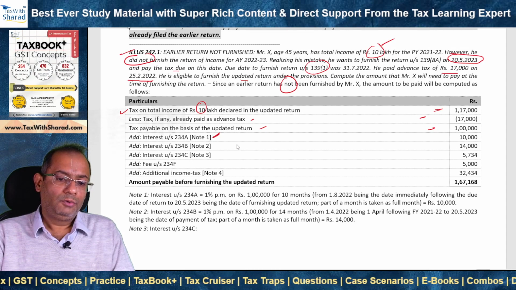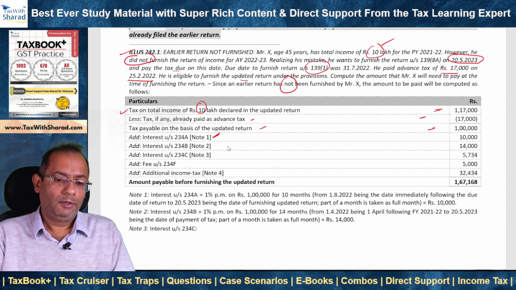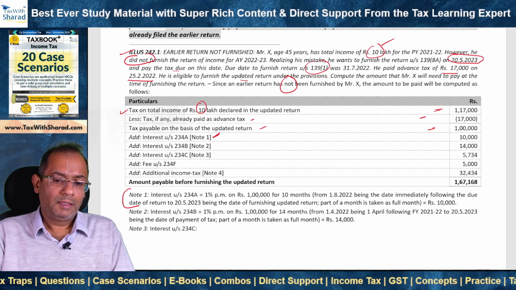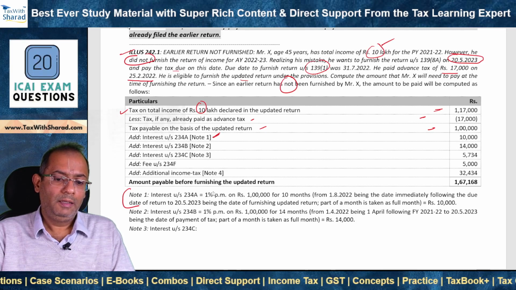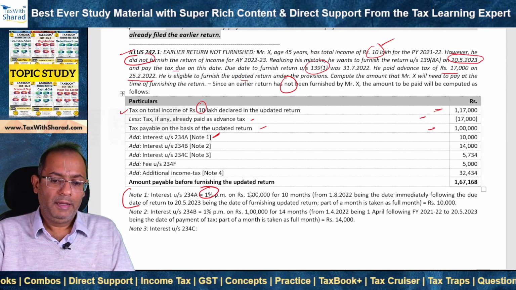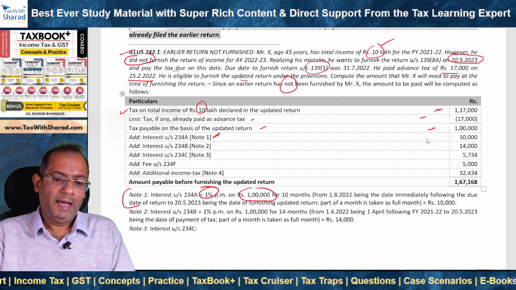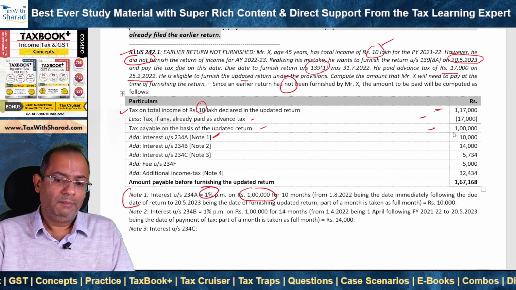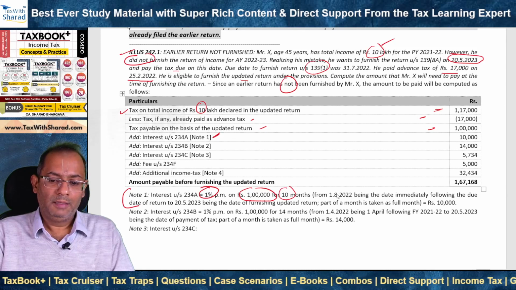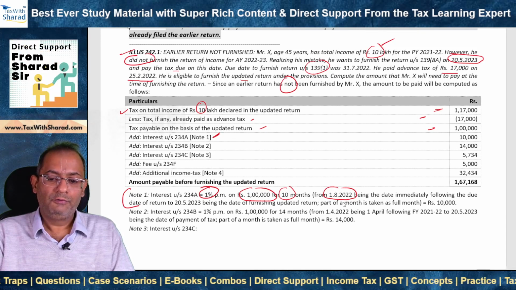Interest under section 234A for default in furnishing the return of income. How will this be calculated? Interest under section 234A will be equal to 1% per month, right, on rupees 1 lakh, which is tax payable on the basis of updated return, and this will be calculated for a period of 10 months. That means from 1st of August 2022. Why 1st of August?